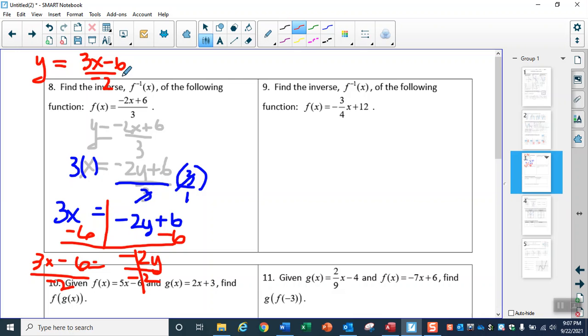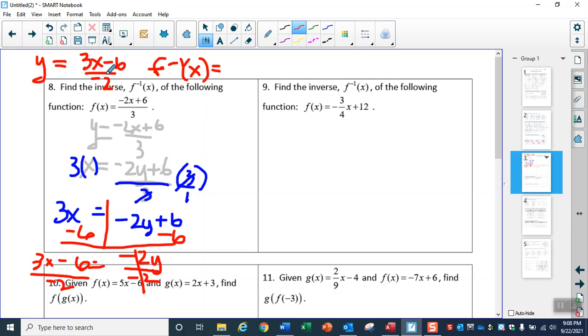All right. And so now if I want to tidy that up, if you don't see that answer, for the inverse, I'm going to put, instead of y, f to the -1 of x equals, and then now I'm going to divide everything by the -2 here.